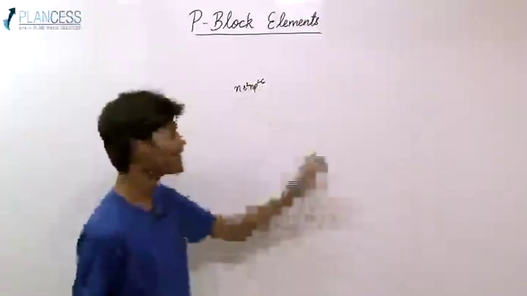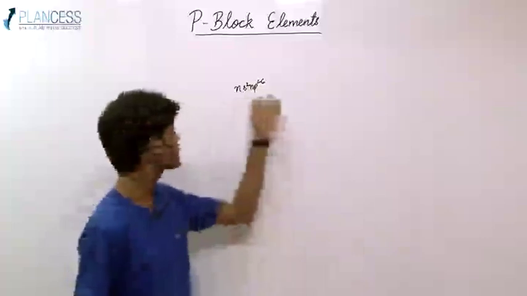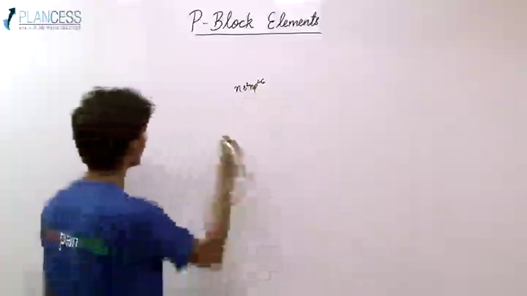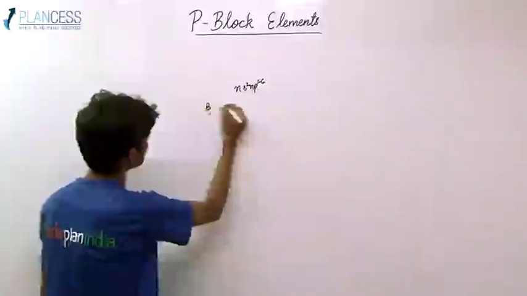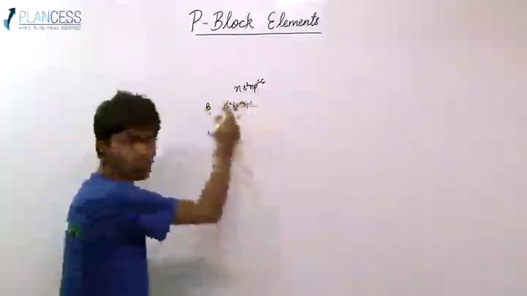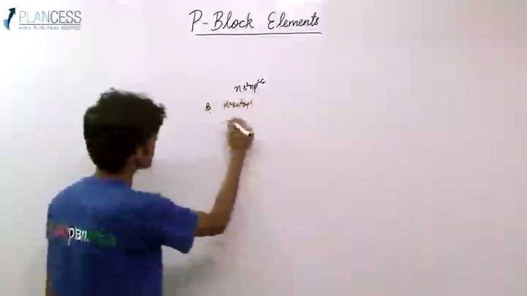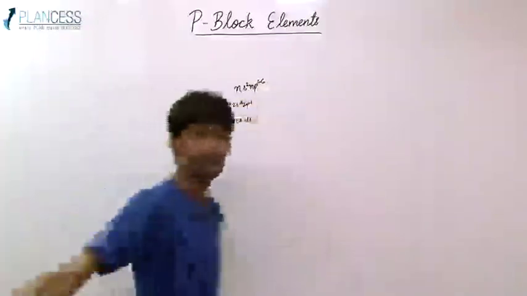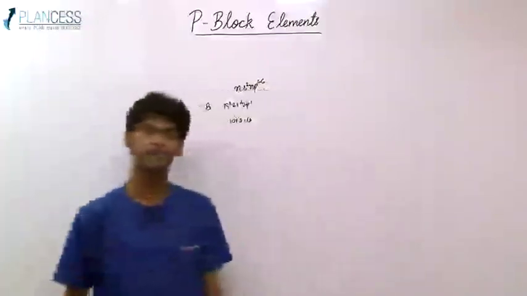For example, to determine the group number of boron, it is 1s2, 2s2, 2p1, so it has valence electrons 2 plus 1, that is 3, so its group number would be 10 plus 3, that is 13, and subsequently the group number of other elements is also determined.